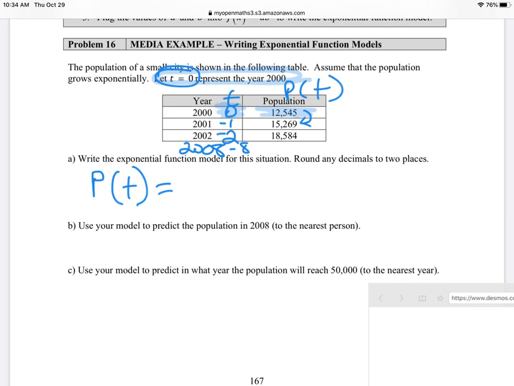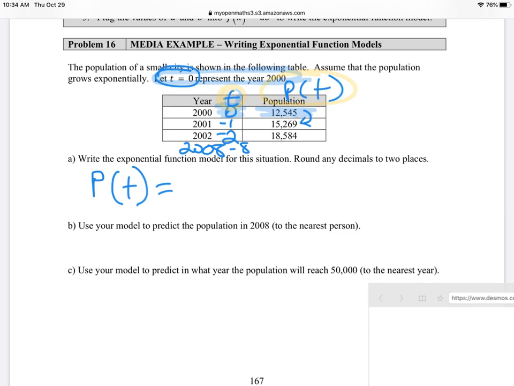Now, C asked us to use our model to predict in what year the population would reach 50,000. So again, if you go back to your function, remember the t represented the year, and the P of t represented the population. So this time when they give me a population of 50,000, that means they tell me P of t. So I'm going to sub in for P of t instead of regular t.